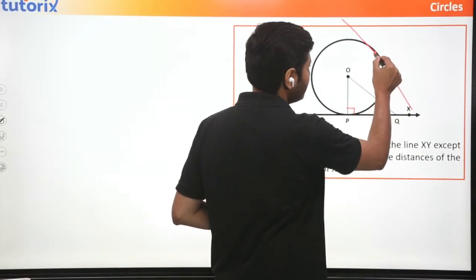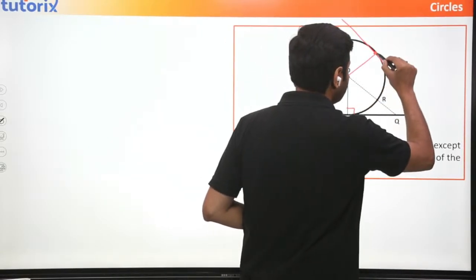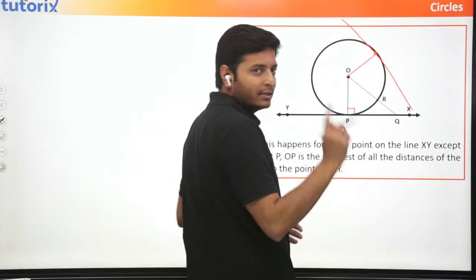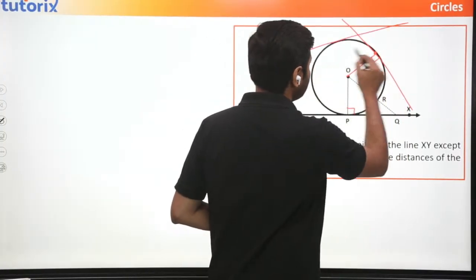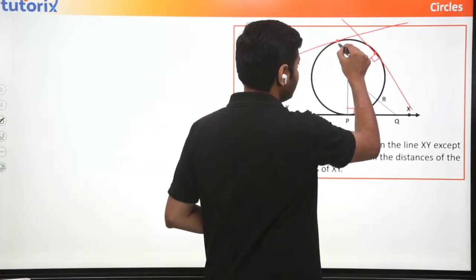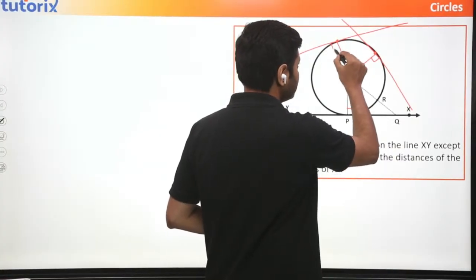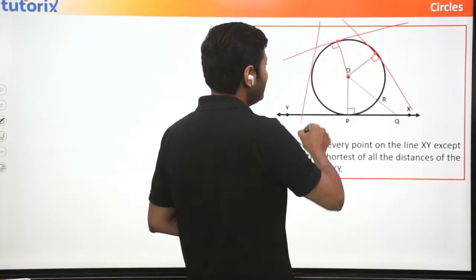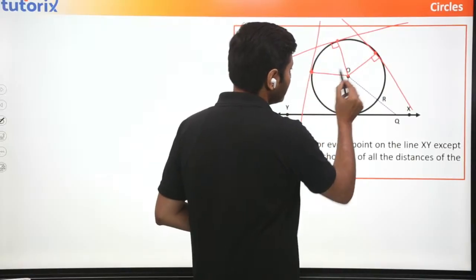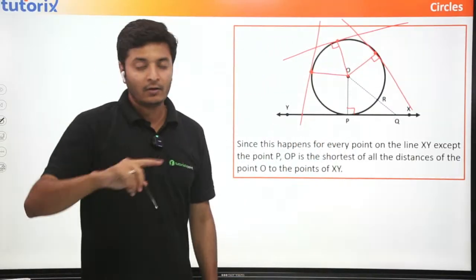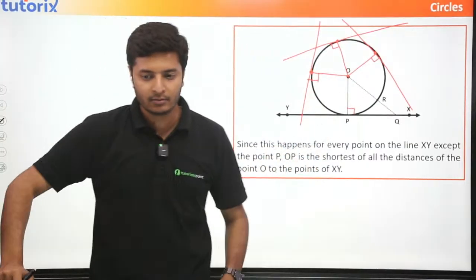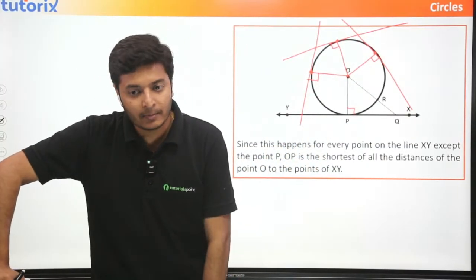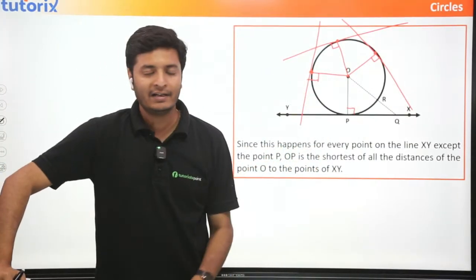Suppose this is the tangent meeting at this point. If I join this point with the center, then I am creating a radius. This is perpendicular. Anywhere on this circle, if you draw a tangent, that will always be at a perpendicular distance from the center of the circle. This is the theorem. You are going to use this theorem very heavily in this chapter.